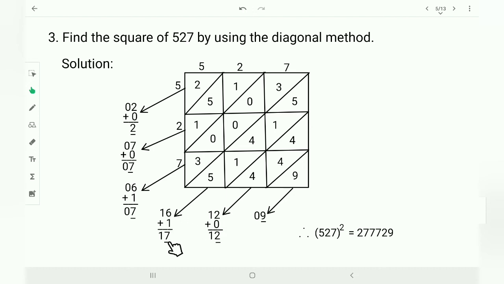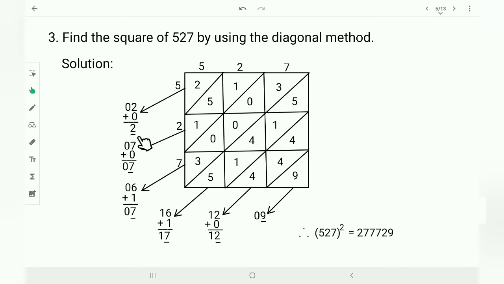17, 7 I am leaving here, 1 I am carrying and adding with the next addition. 6 plus 1, 7. I have written it as a two digits number. So 7 I am leaving here and 0 I am carrying. Then 7 plus 0, 7. Again 7 I am leaving here, 0 I am carrying. 2 plus 0, 2. Here in the last I have underlined completely.